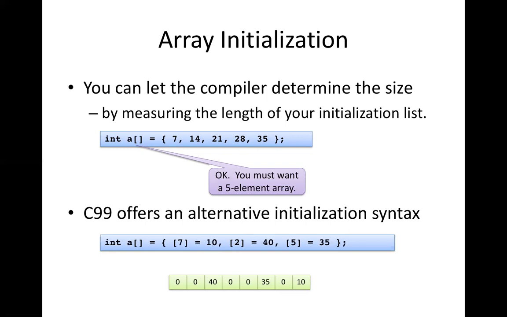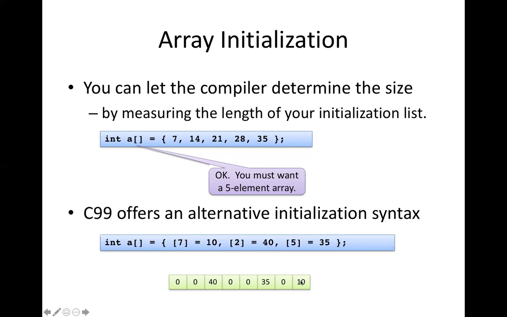This would let you jump around if you wanted. You wouldn't have to initialize things in order, and you wouldn't even have to initialize everything. In this case, I'm initializing element 7 to 10. So that's where this 10 here at the end came from.